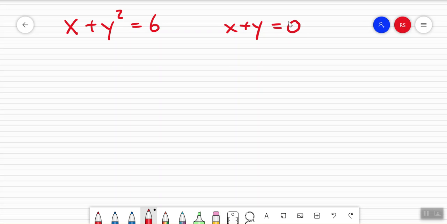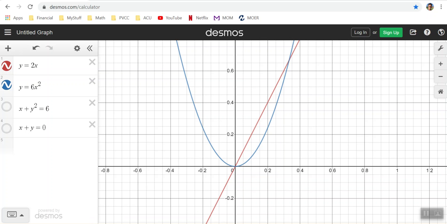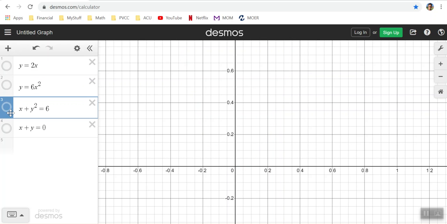Neither one of them is explicitly defined as a function of x or a function of y, which leads me to believe that I need to determine whether I want this to be a function of x or a function of y. So before I even consider that, let's go back to Desmos. Let's graph these. And so now let's take a look at these two graphs.